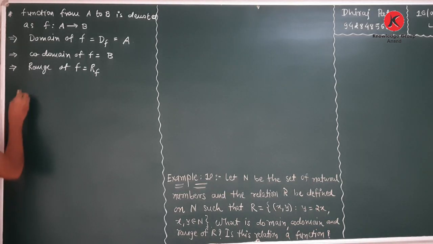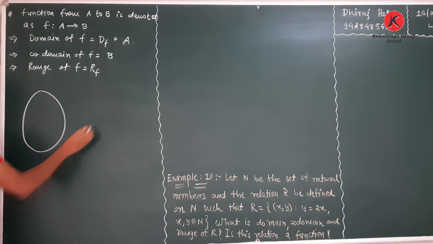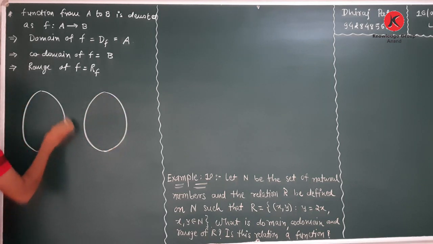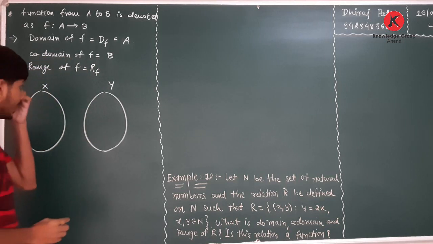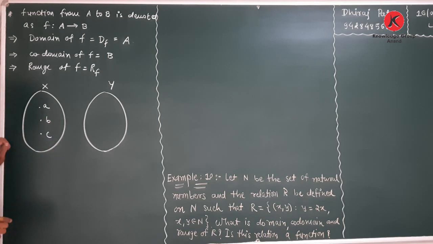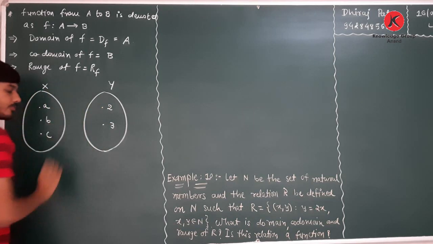See here, suppose I am taking a relation from X to Y. Let's say X has three elements A, B and C, and Y has two elements 2 and 3.